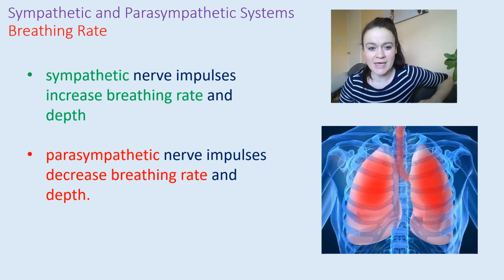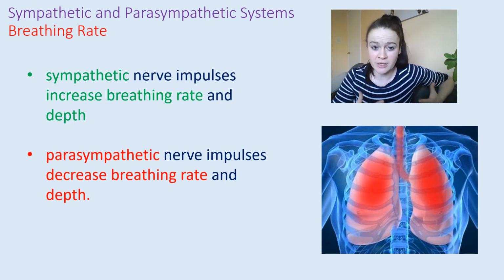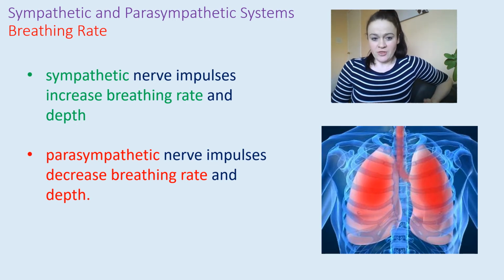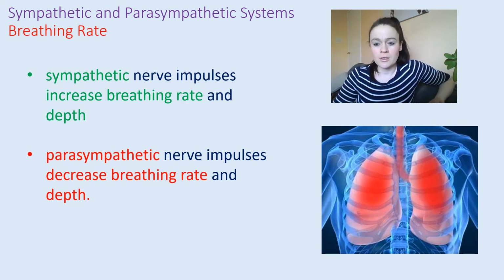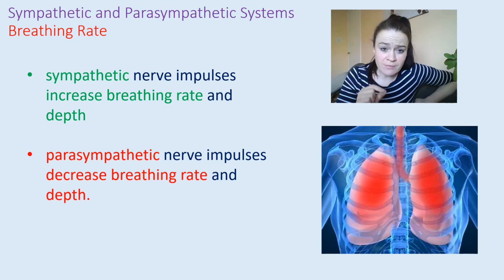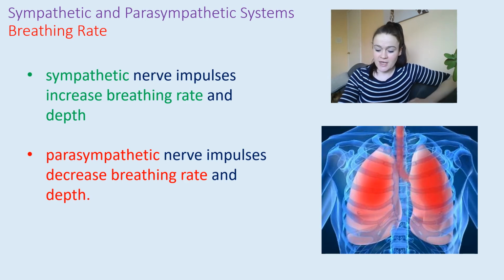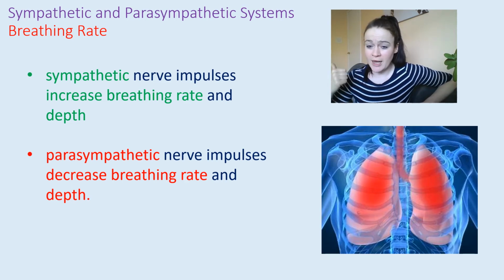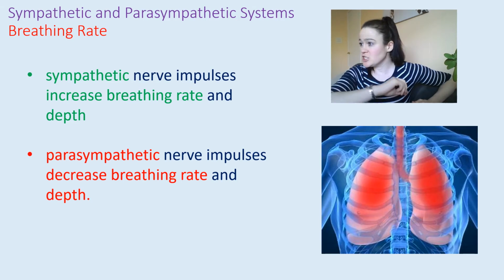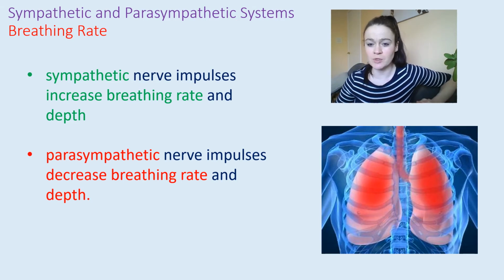Now, when we say depth, it means how deep, like a big breath, or just little shallow breaths, okay? So the sympathetic nervous system is all about trying to get as much oxygen and glucose to different parts of your body as quick as possible. So think about it.